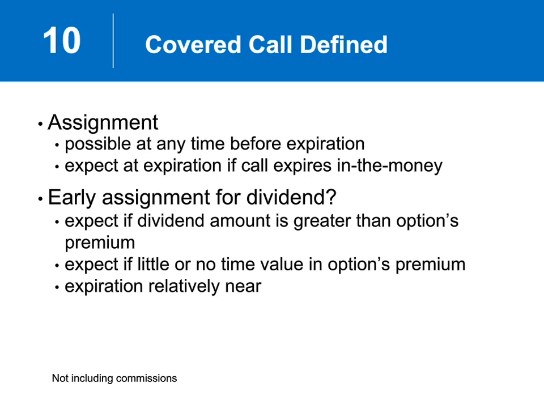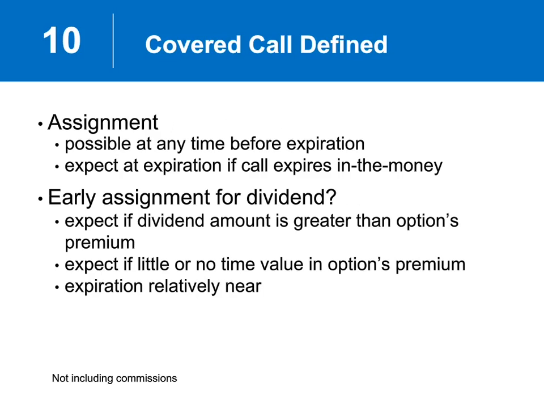And that can happen any time up until expiration, because most of the listed options that we offer are American style, which means that they can be exercised at any time. And then in terms of when to expect it, if the call's in the money at expiration, certainly you can expect to be assigned, and then we'll go through some other possible situations as well.